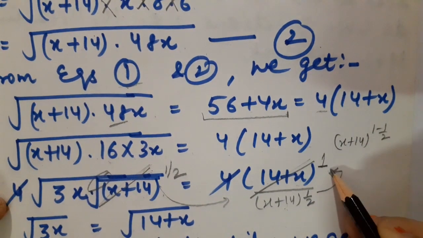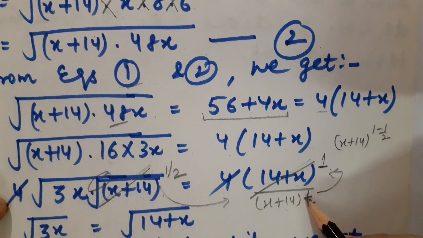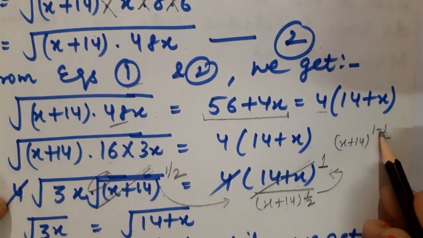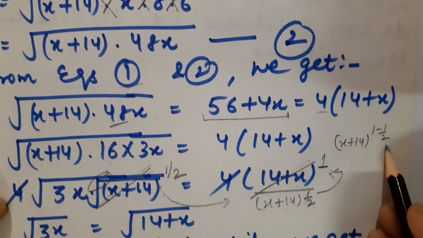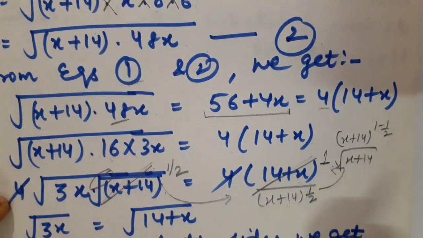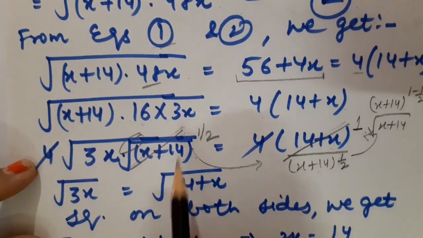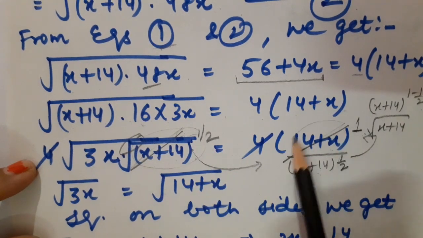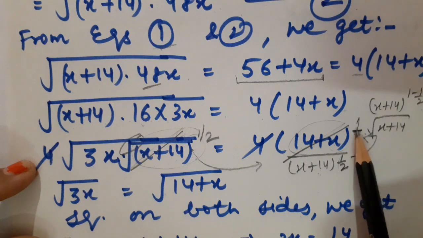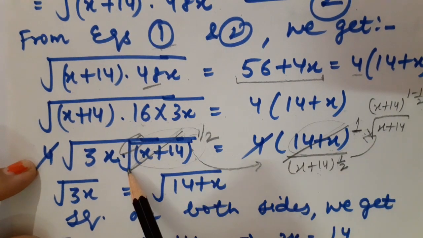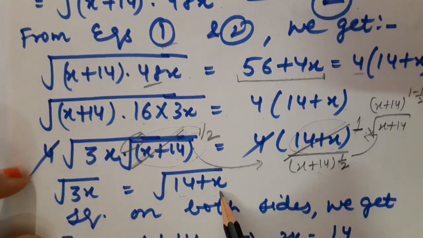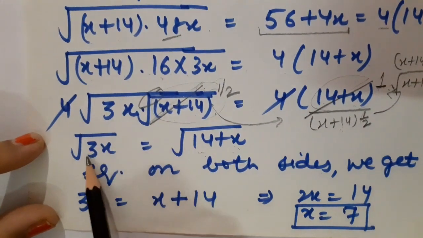Because when you take x plus 14 at numerator place, it would become with exponent minus half. Bases are same, so the powers will be added. So I am going to get x plus 14 under root. Or you can understand better: this is occurring half time, this is occurring one time. So 1 can be split into 2 parts, that is half plus half. So one half is going to be cancelled. Only one half will be left, that is root 14 plus x. Correct children? So this is also root 3x.